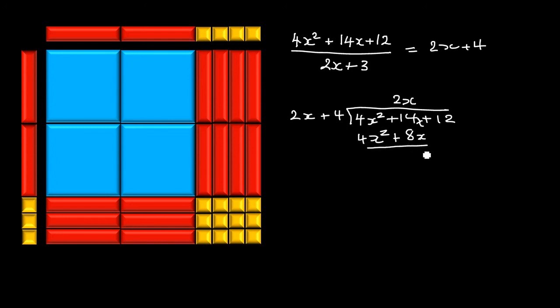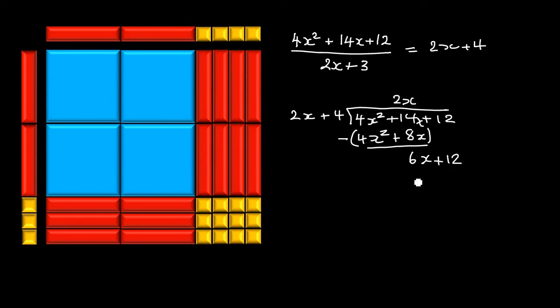Subtract, and we get 14x subtract 8x gives us 6x. By the way, we might want to just remind ourselves that this is minus both these terms here, so I put those in brackets in case we're tempted to add here, but it's subtract 8x from the 14x, gives us our 6x.